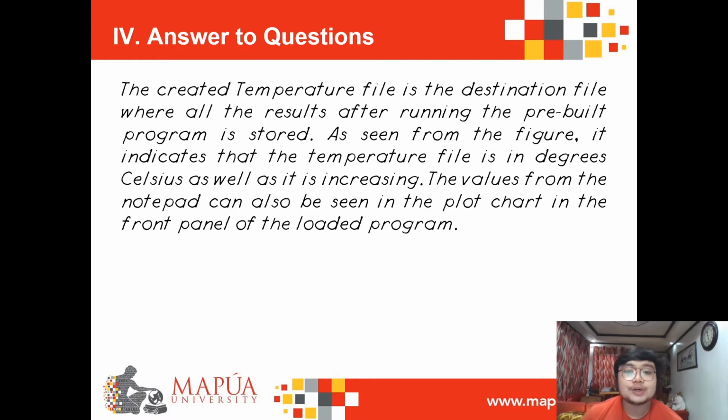As seen from the figure, the temperature file is in degrees Celsius and is increasing. The values from Notepad can also be seen in the plot chart in the front panel of the loaded program.